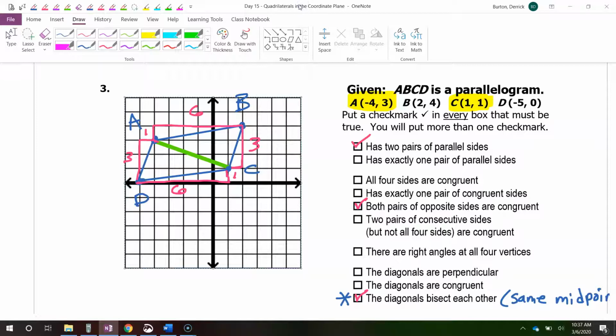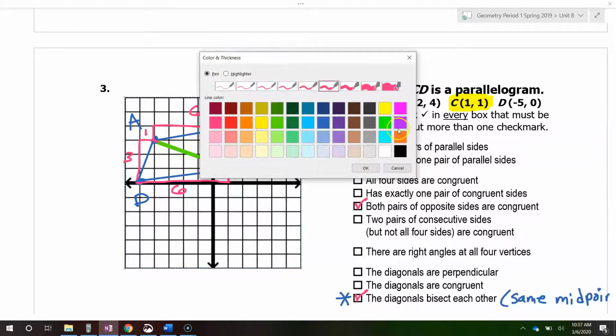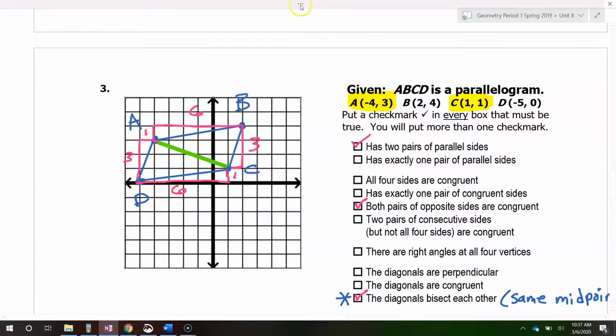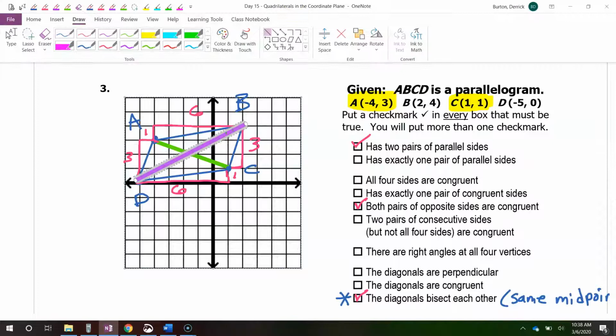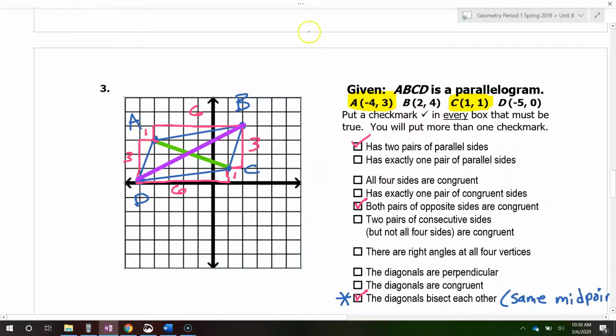Now let's find the other diagonal. The other diagonal is DB. Those are the only two diagonals. So the midpoint of DB.